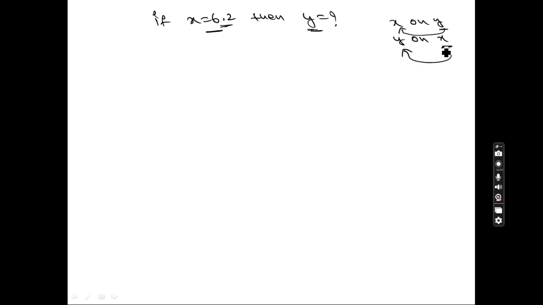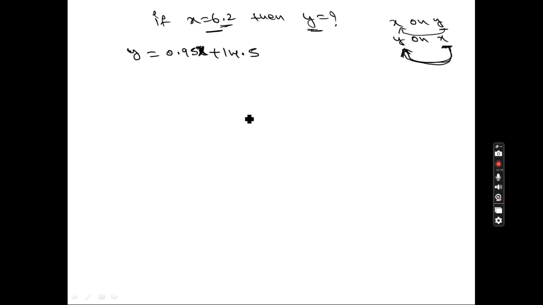So the x value is given and we have to find the y value, so we need to use the y on x equation. Just now we calculated the y on x equation. What is the y on x equation? 0.95 into x plus 14.5.